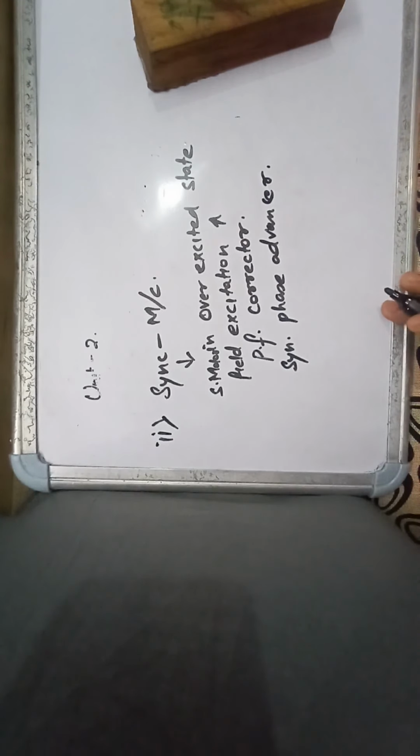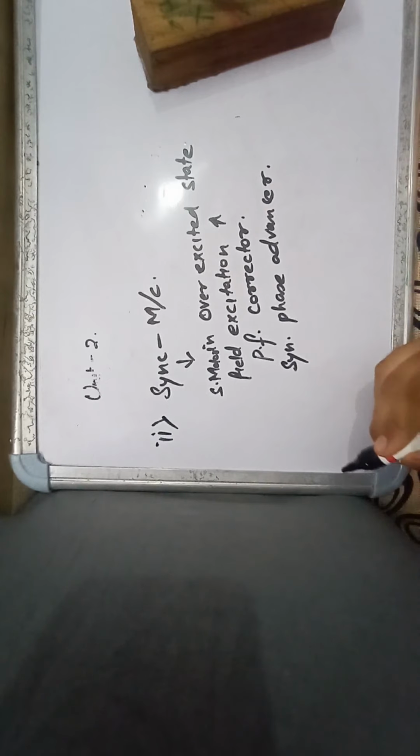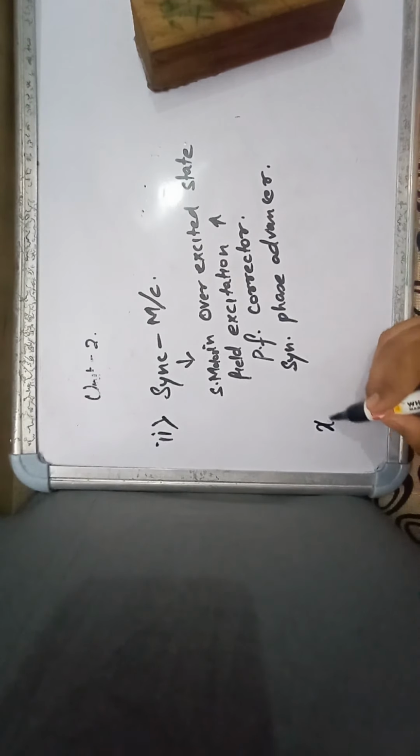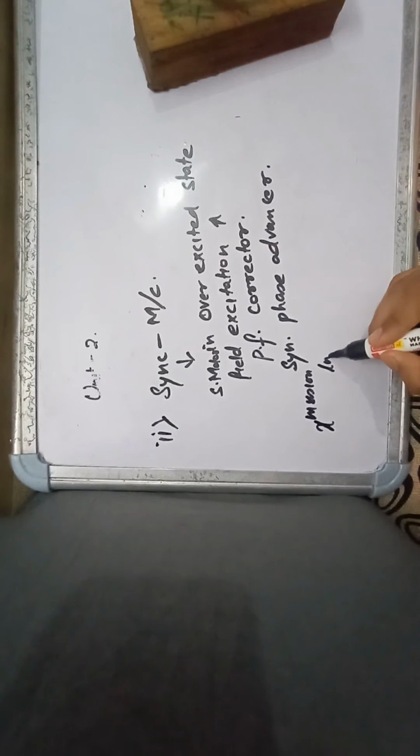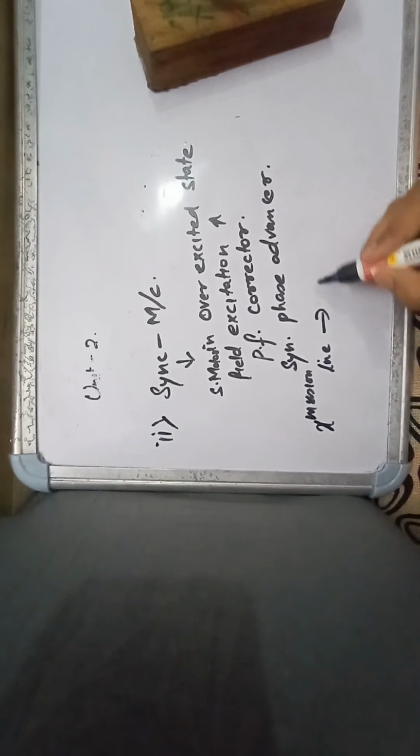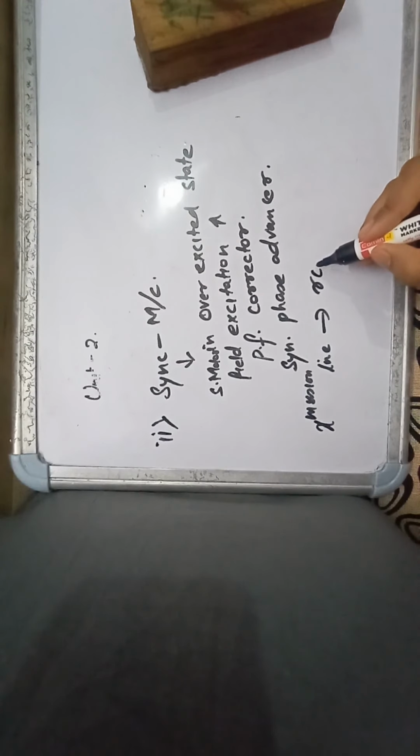Okay, so these are the two important methods, or the two important devices, that are used for power factor improvement. Next is where you will be installing this. What is the place? If you are considering a transmission line, you should install it at the receiving end.